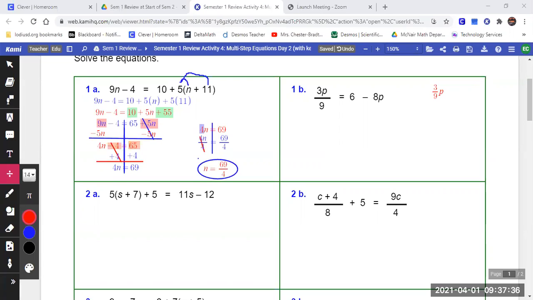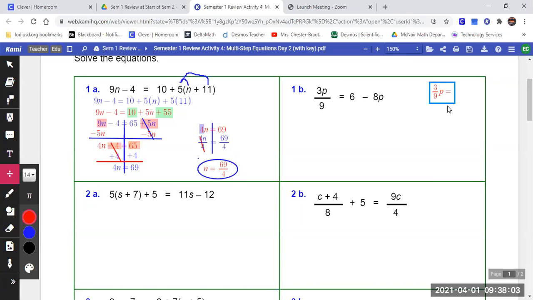So it should have been written as 3/9P. Okay, is there a way to simplify 3/9? Is there a way to make 3/9 simpler to work with? No. Is there a way to simplify?